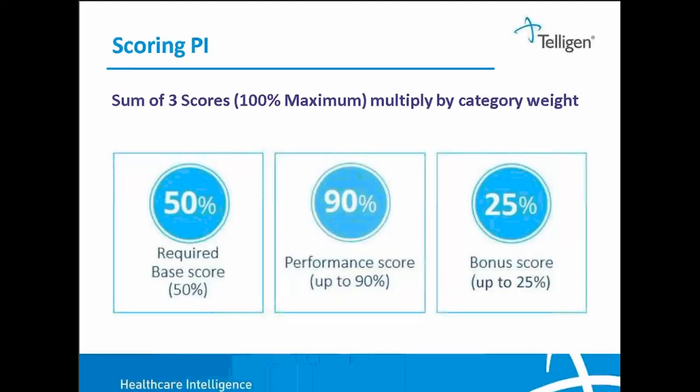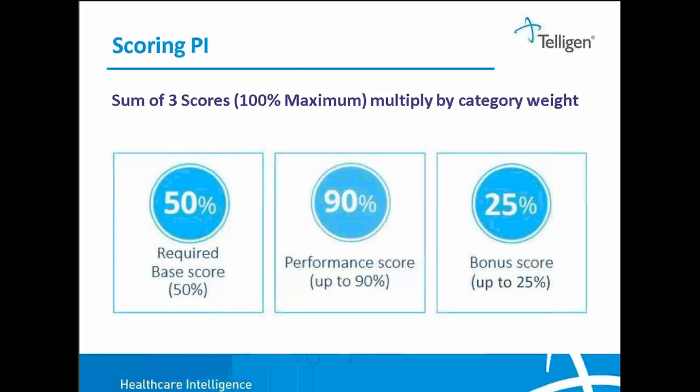Then you can report any of the performance measures, and you can earn up to 90 measure points. And then you have an opportunity to receive up to 25 bonus points, depending on which options you select. So if you add those all together, there's a potential to earn up to 165 measure points. But any score above 100 will be capped at 100, and that will give you full credit for the PI category.